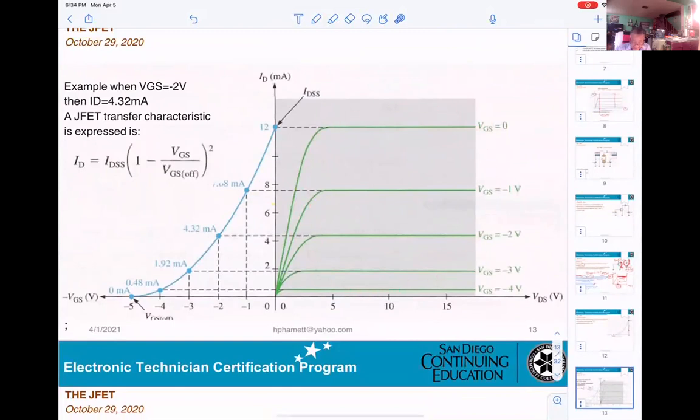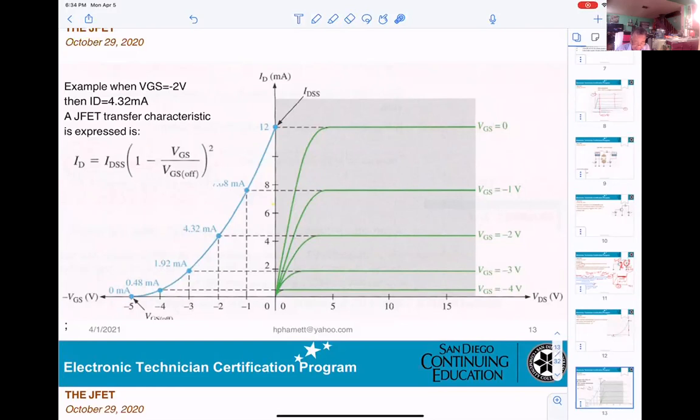They can change the value of VGS, different VGS, and on the other side they draw the transfer curve. On this curve, in order to draw it, they get the point for IDSS, then a second point for VGS off. Then they can draw the curve.